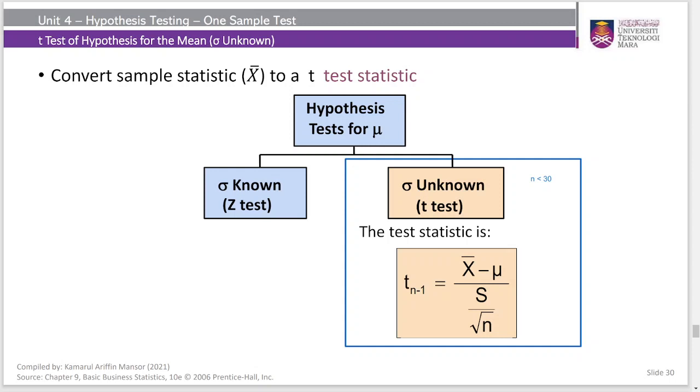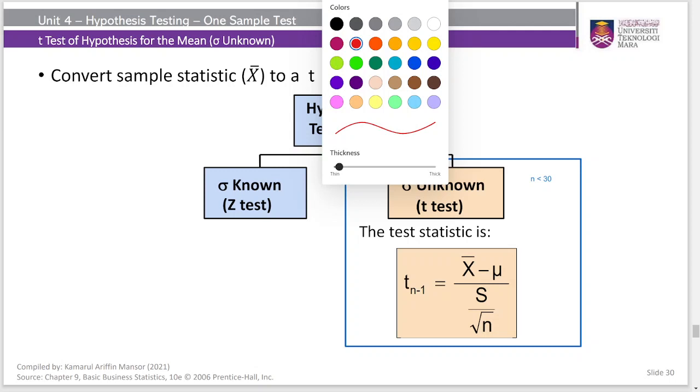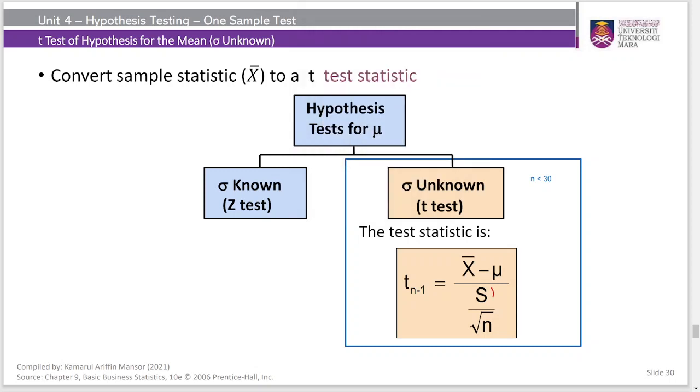So in this situation, if you want to test the hypothesis using the t-test, you need to have a data set, and the standard deviation will be estimated from the sample data. If you look through this part, you can see that instead of sigma, we replace it with S. So this is the sample standard deviation.